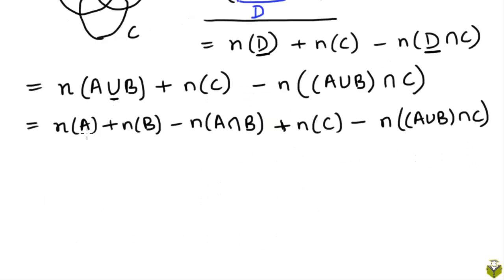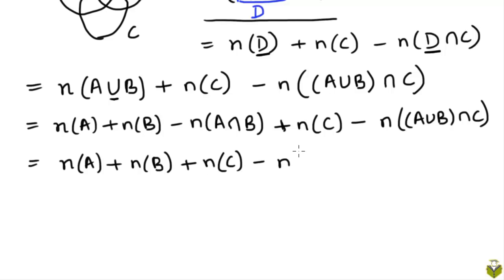So we have A, B and A intersection B now and C here. We still have a union over here which we need to eliminate. So let's do that. Let's first rearrange these four terms by bringing together the individual sets A, B and C minus the number of elements in A intersection B minus.